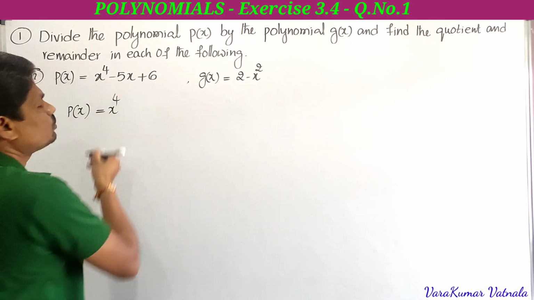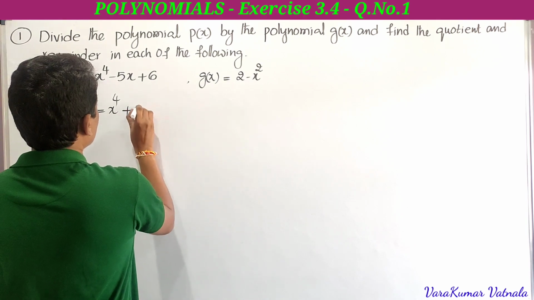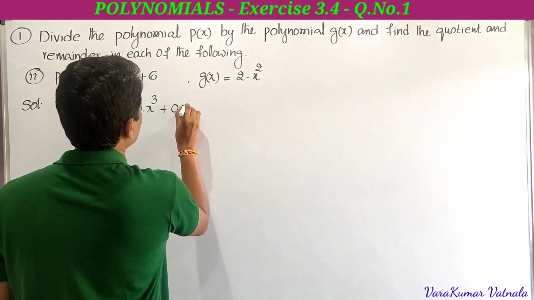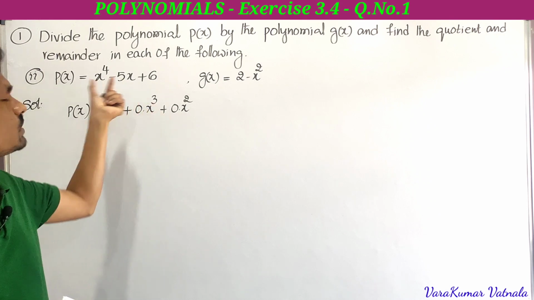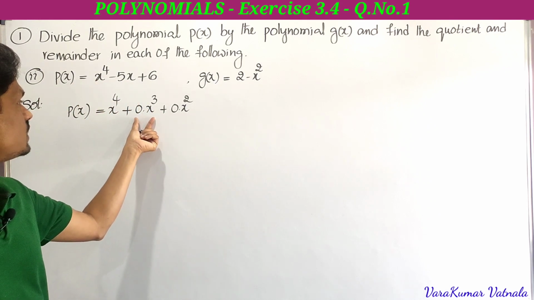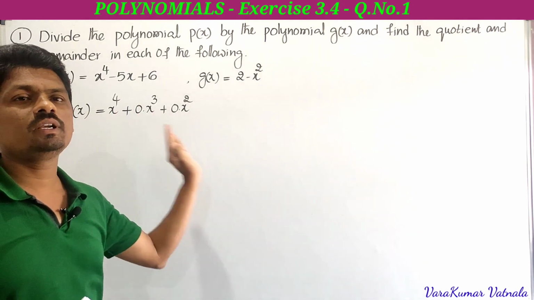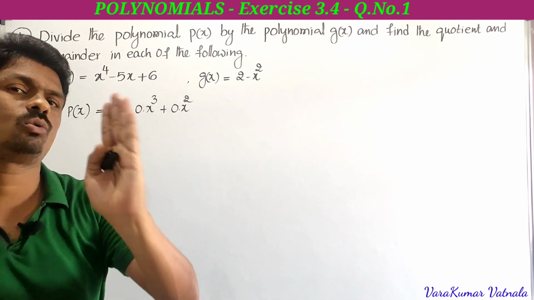There is no x cube term and no x square term. For that we write 0 into x cube plus 0 into x square. There are no x cube and x square terms in p of x, but I am writing 0 into x cube and 0 into x square in order to complete the division very easily. You have to remember that.